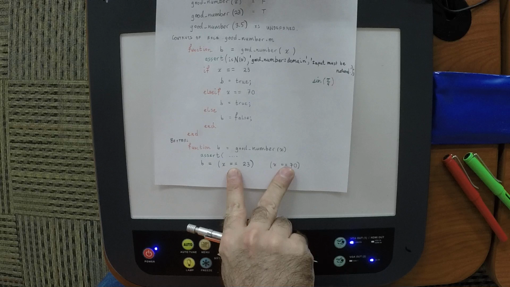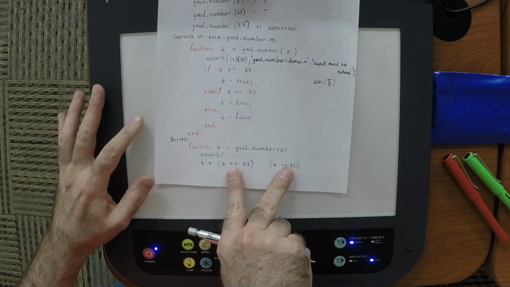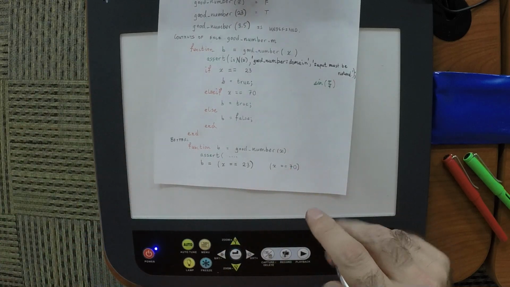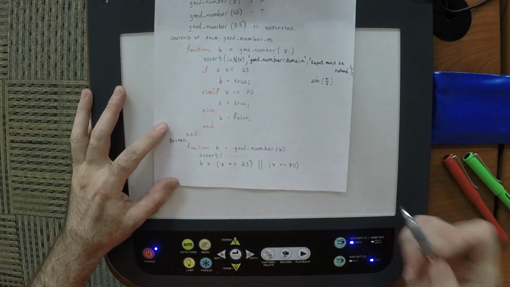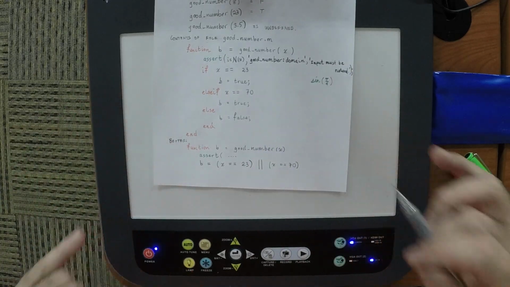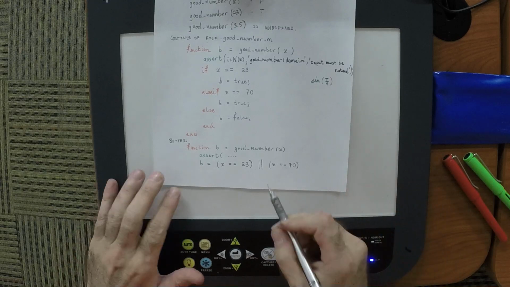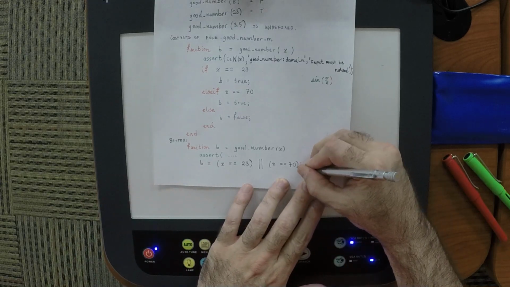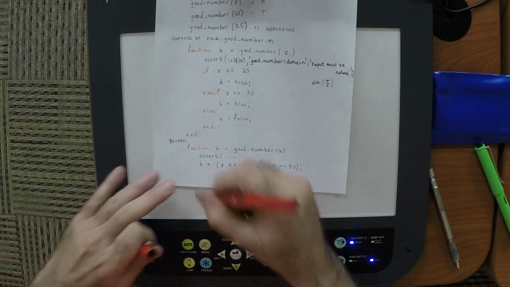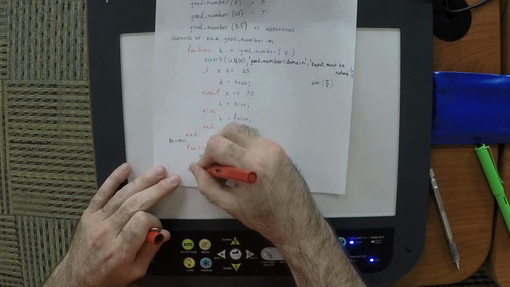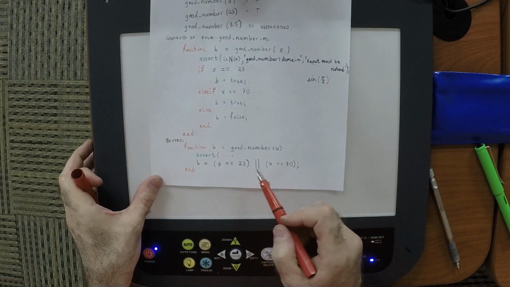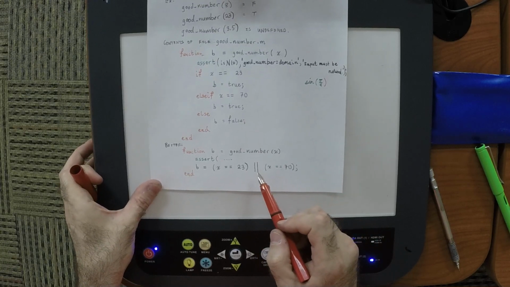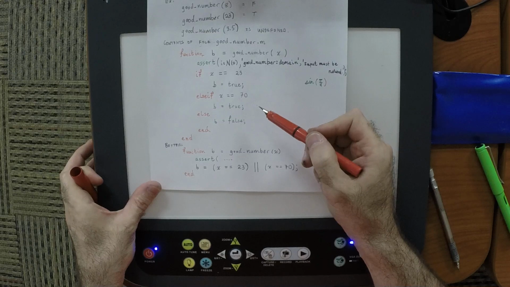With or. Now, how do you write or in MATLAB? Yeah, two vertical bars, like this. On most keyboards, that's shift and then the key immediately above enter. Okay, and then we need to write a semicolon. Now end, like this. Beautiful. When you get used to looking at this, it is far more comprehensible than that.